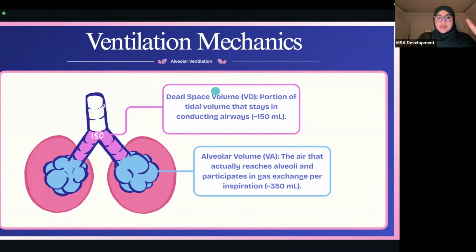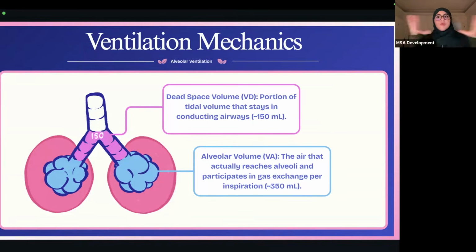And there's a portion of it that gets pushed in afterwards, but doesn't actually involve any exchange. A good point is that the alveolar volume involves exchange, it exchanges gases. As I said, it substitutes its O2 for CO2. So this alveolar volume is CO2 rich, because that's the whole point of gas exchange. And this dead space volume, which comes in after it, is in the conducting zone.